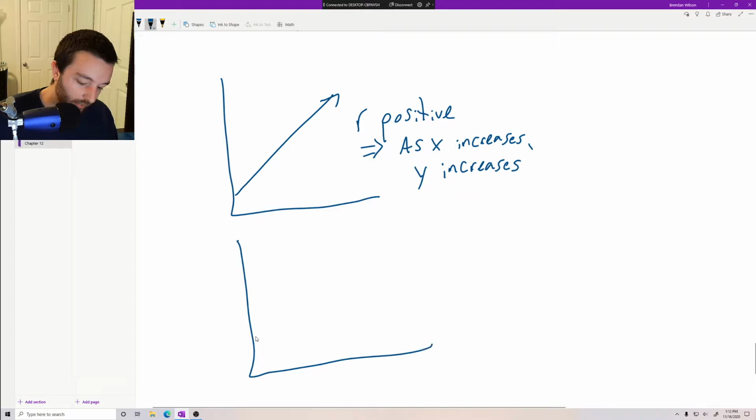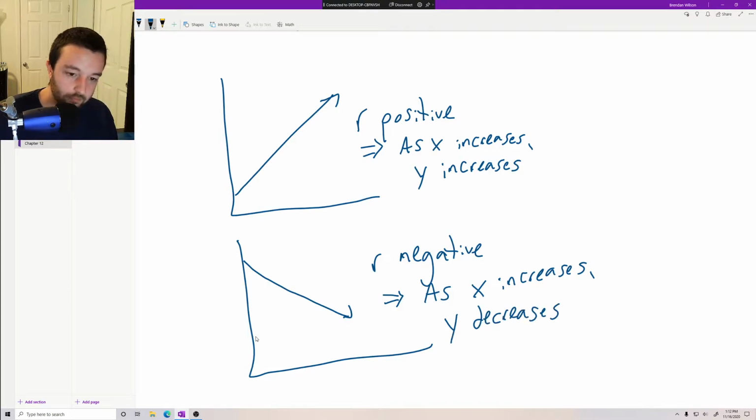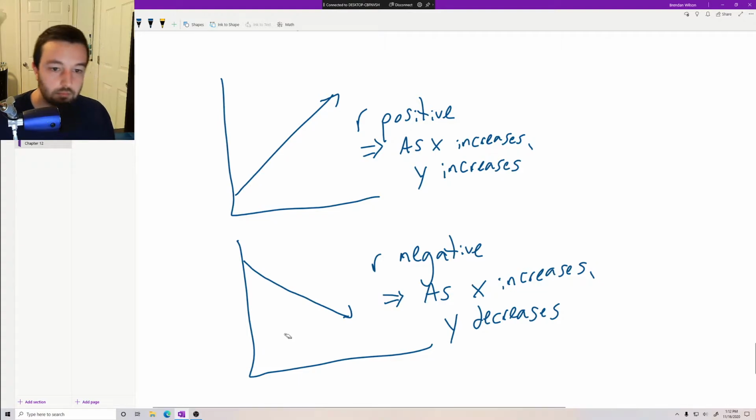If R is negative, it's going to be the opposite. Okay, R negative implies as X increases, Y decreases. Okay. So as your X goes this way, your Y goes this way. Okay. So as we go over to the right, Y is getting smaller.